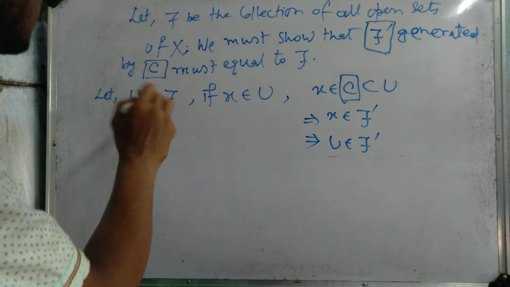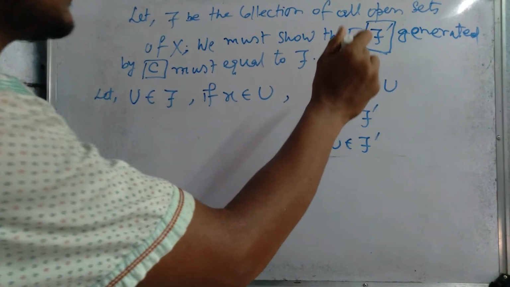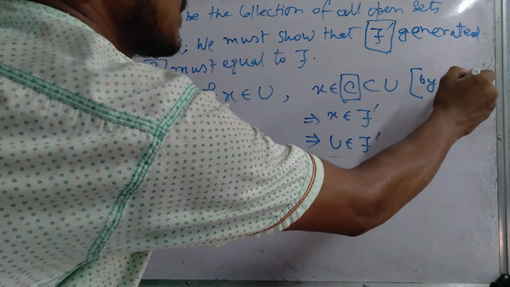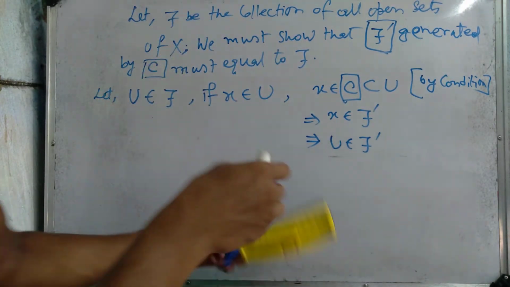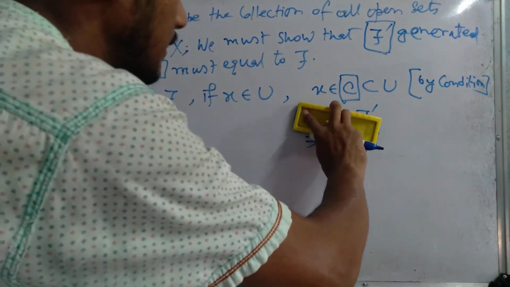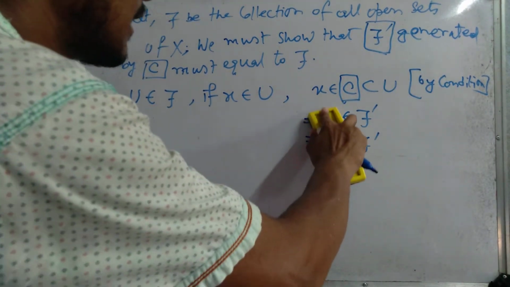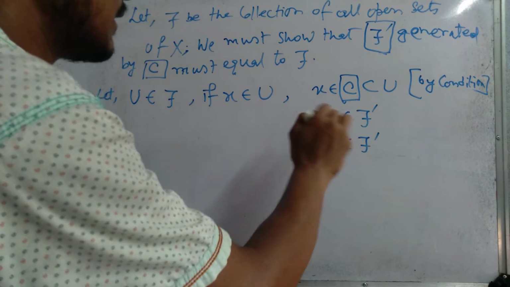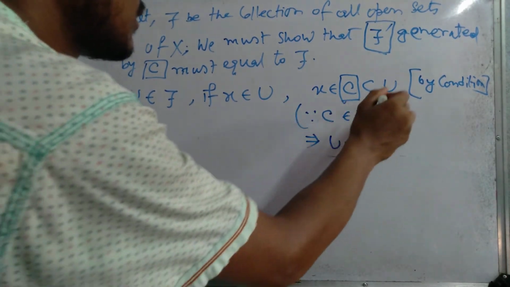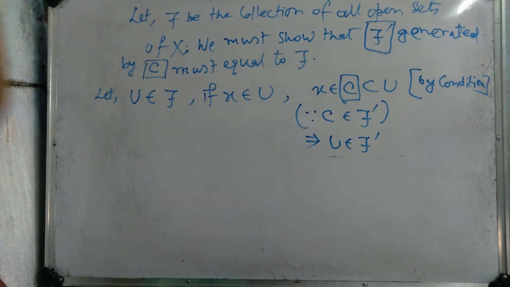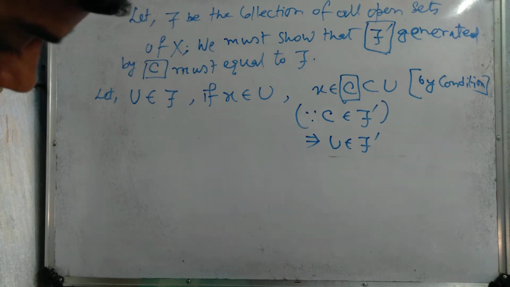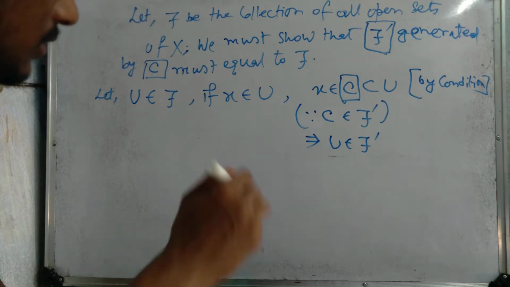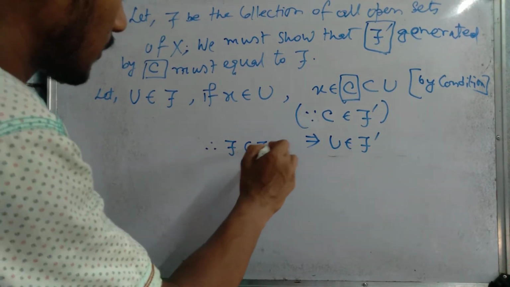U belongs to tau, x belongs to U, and x belongs to C by the condition. As C belongs to tau dash, U belongs to tau dash. Hence tau is a subset of tau dash.